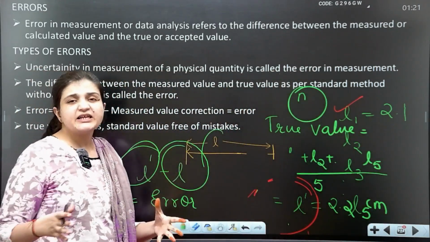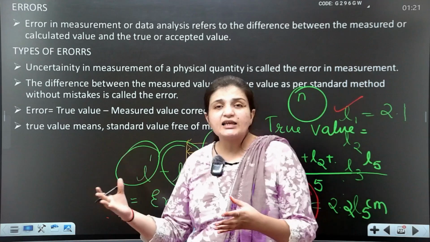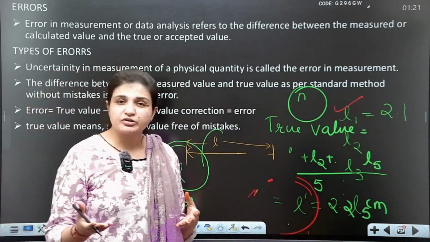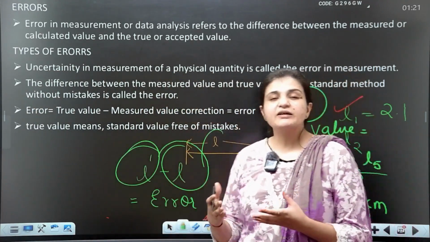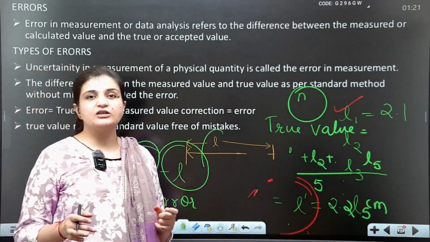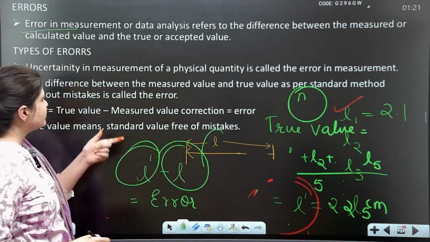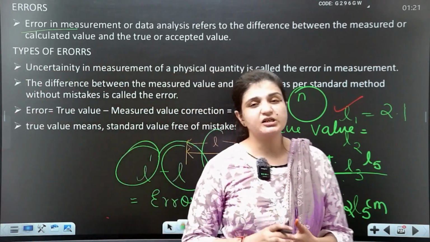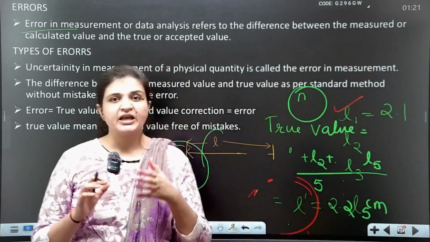We have set up the instruments, and now the value that is coming out is the calculated value. So the difference from the expected actual value is what we call the error. Error is uncertainty in measurement of a physical quantity.